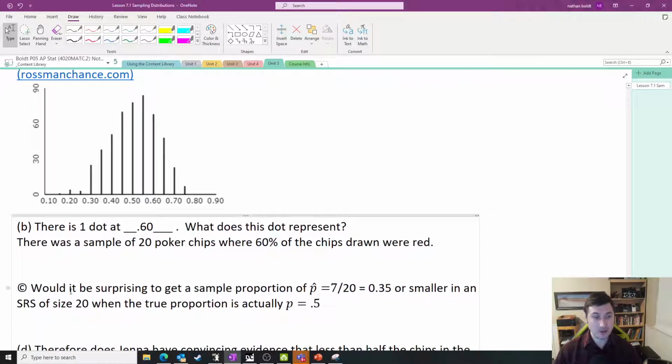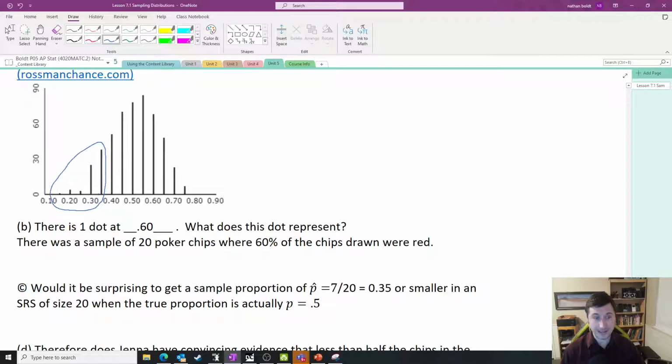All right, so would it be surprising to get a sample proportion of 7 out of 20, or 35%? So I come over to my sampling distribution, and I find 35%. So these are all the 35% or less.